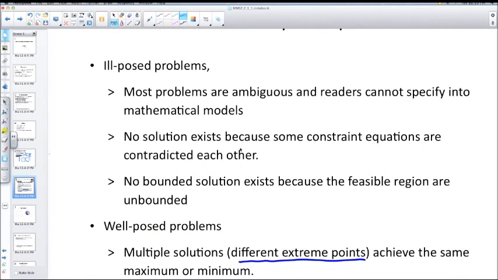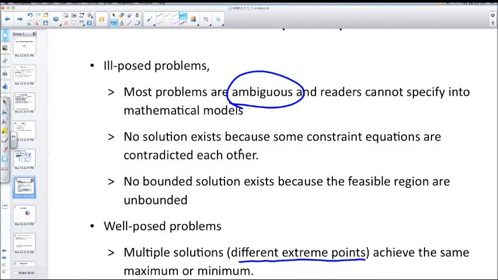Well, an ill-posed problem could have all different contradictions or confusion, or be in a situation where you don't have any solution. The most common problem is ambiguity.